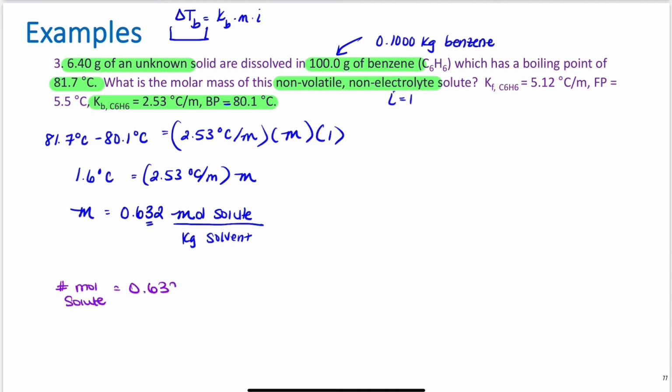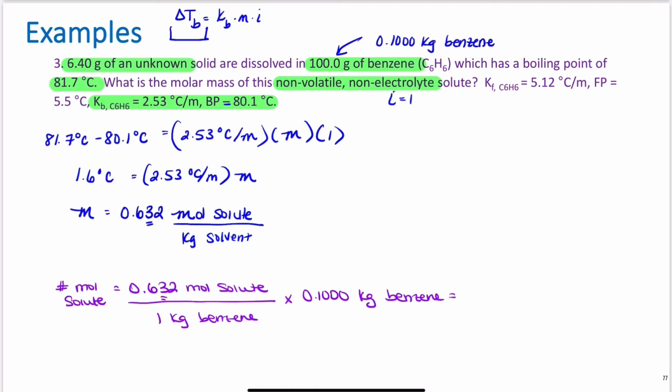So I've got 0.632 moles of solute to 1 kilogram benzene, because that's my solvent. And in this system, I actually have 0.1000 kilograms of benzene, which gives me 0.0632, keep underlining that 3, just keep track of your sig figs, moles of solute.